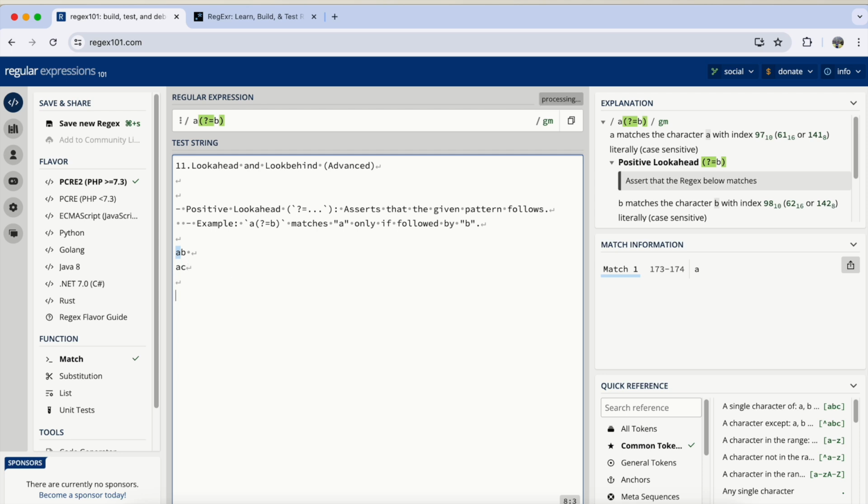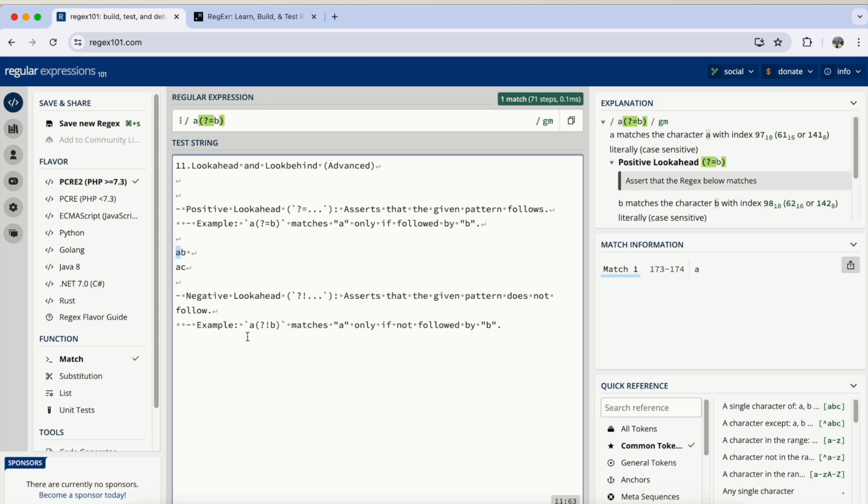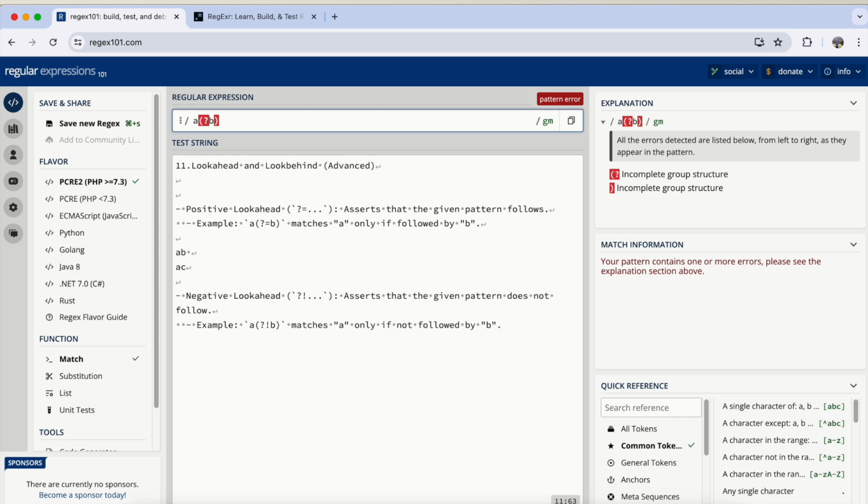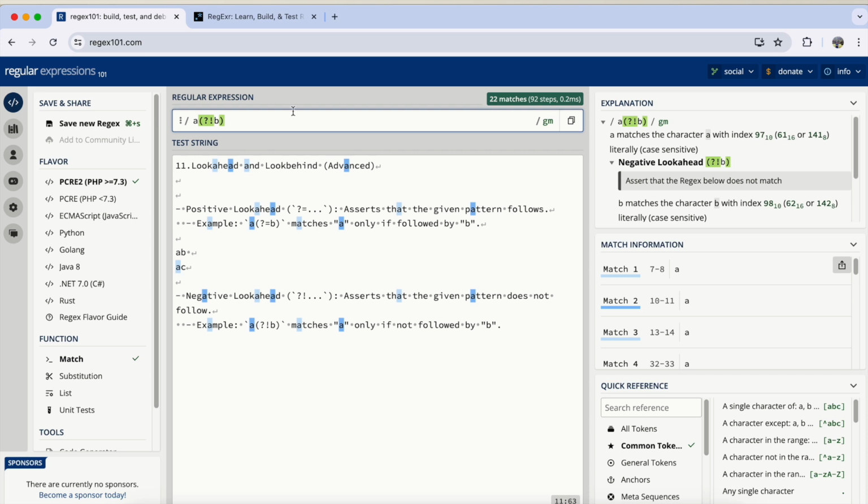Now let us understand negative look ahead. Negative look ahead asserts that the given pattern does not follow. For example, here highlight A only if it is not followed by B. It means it matches A only if it is not followed by B. For example, instead of this one, I can say A, within the bracket, I will say question mark not equal to B, right?